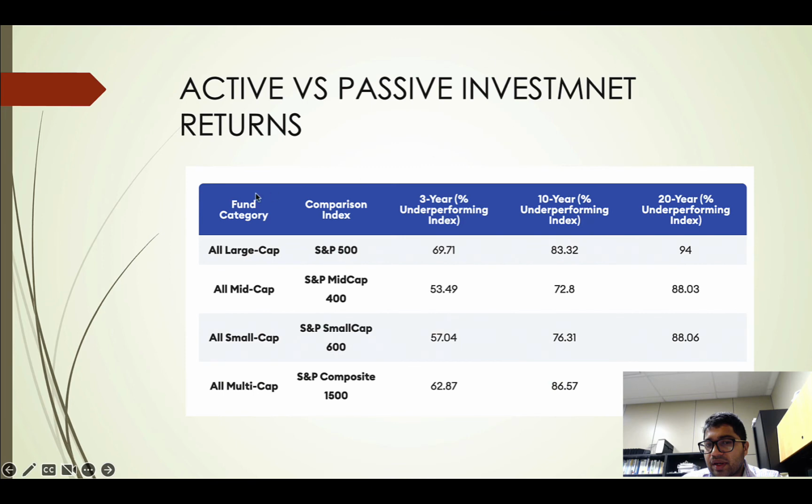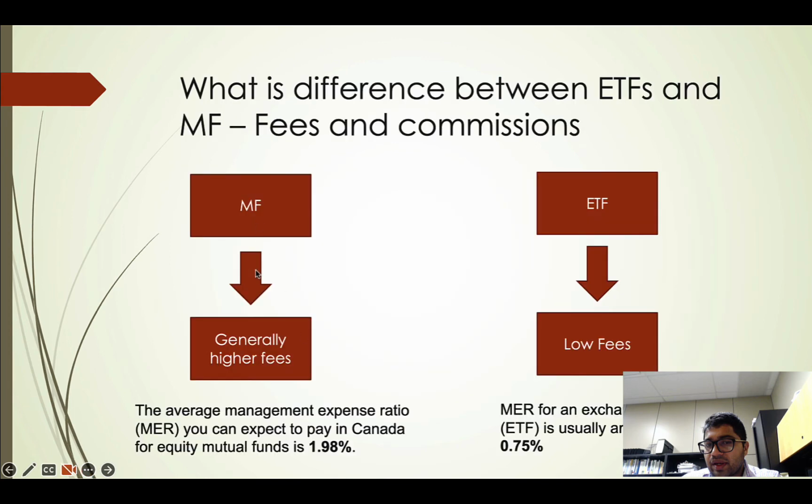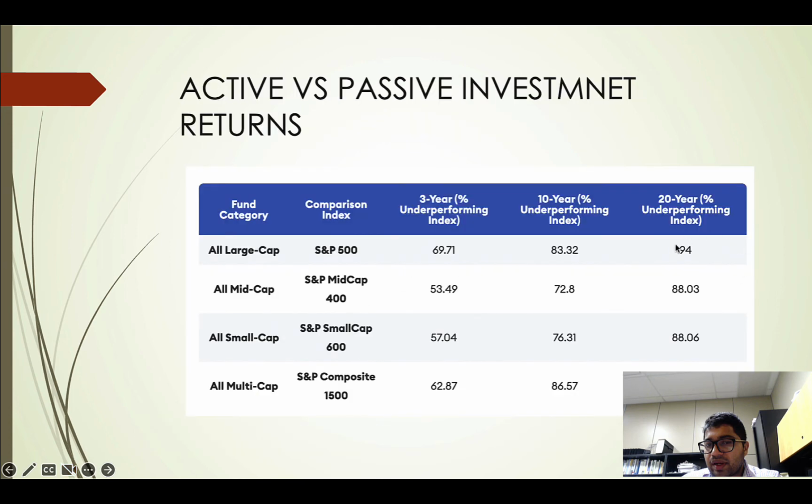Now, one important thing: if you see a 20-year period, 94% of large cap mutual funds underperform an index. So you're paying more to get a mutual fund, thinking that it should beat the market, but most of them do not. So 94% of them over a long period of time do not beat the market. This shows how much percent are underperforming the market.